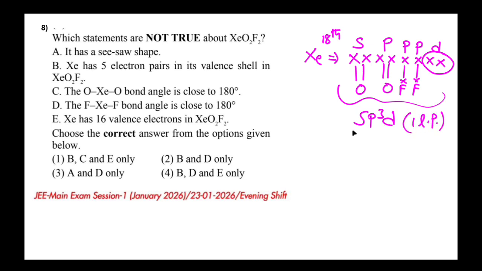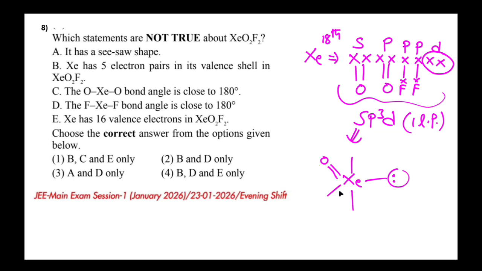So what is sp3d hybridization? Originally, sp3d hybridization gives a trigonal bipyramidal shape. Now 1 lone pair is there. That 1 lone pair is present at the equatorial position.